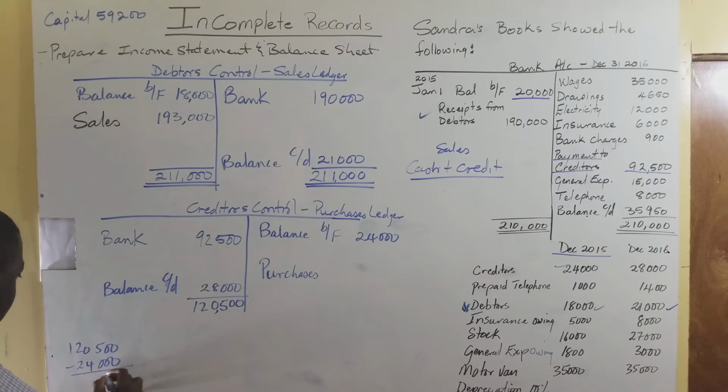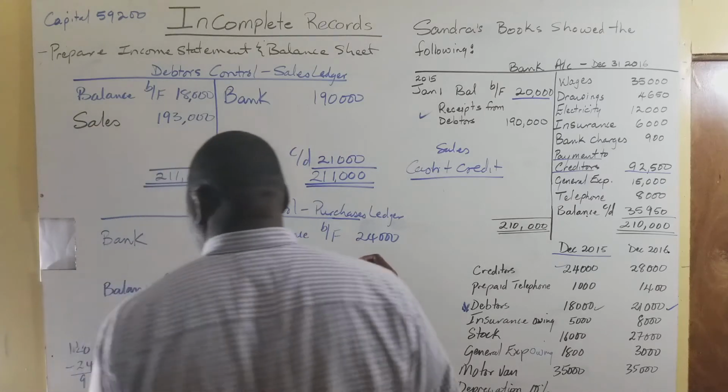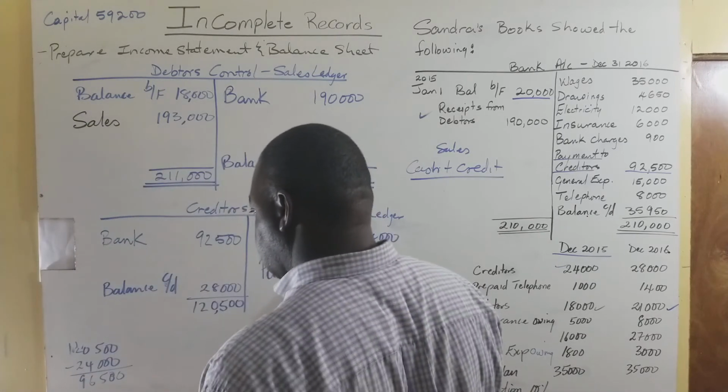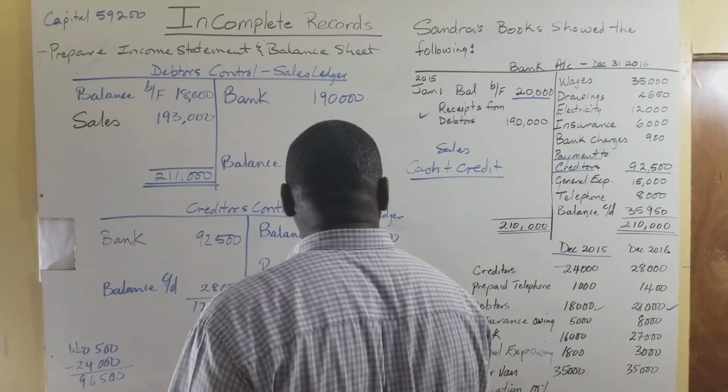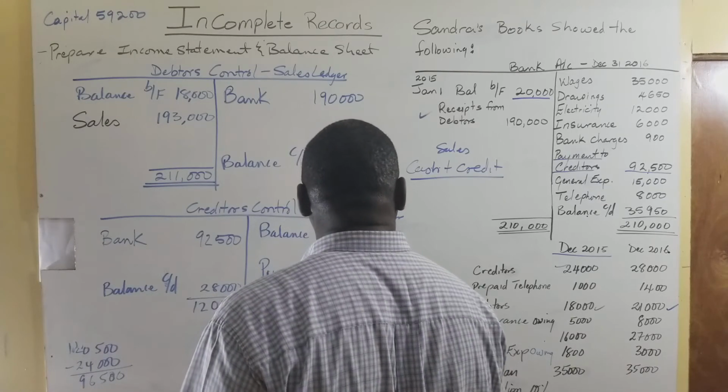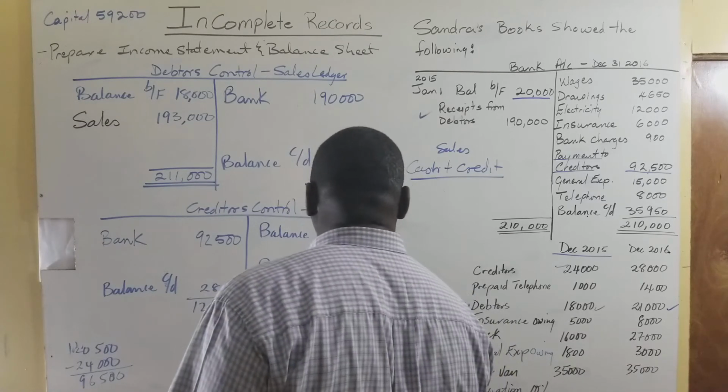Let's see if we can do that quickly mathematically. So it's going to be 96,500. All right, we can now close.